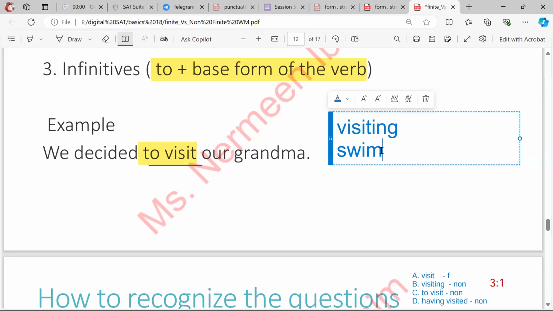It cannot be a gerund, or even a participle, and it cannot be an infinitive because there is no to. Amazing. And it can make a main verb, and it can show a tense, a present tense, and it can change if I change the subject. If you add any subject, it can change. Amazing. Oh my God, that's perfect. Masha Allah. Thank you so much, Jasmine.